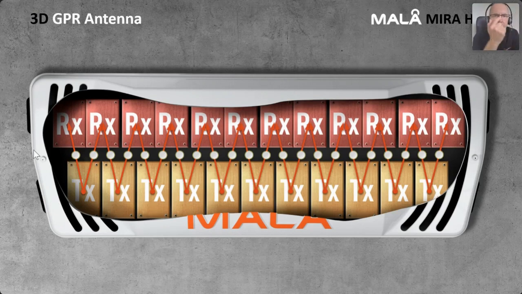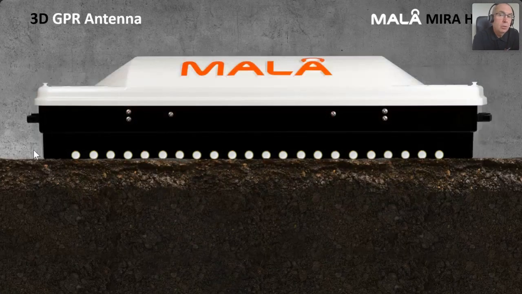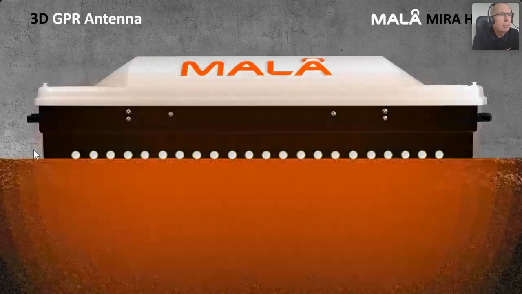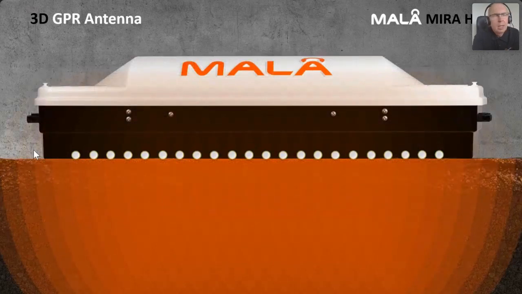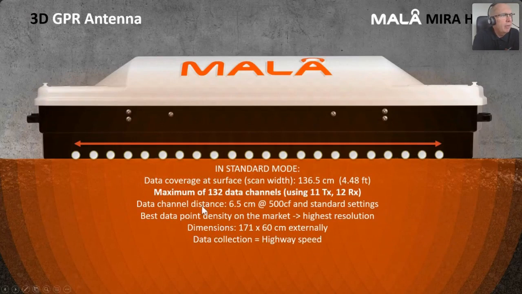It's quite a unique way of overlapping the antennas on the array itself. But what that enables us to do is give 100% coverage at very tight spacing, like so. Just a few values here for you. The data coverage at the surface, that is, the signal will expand out as we transmit to the ground.